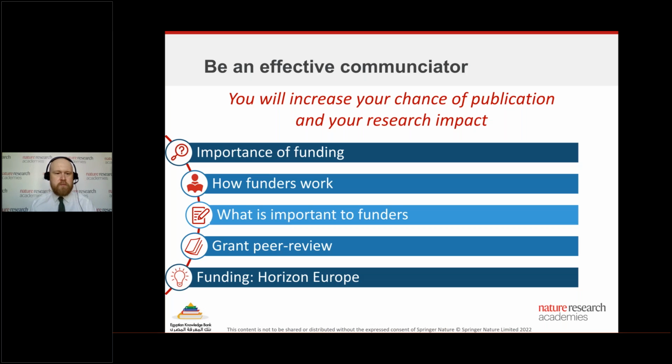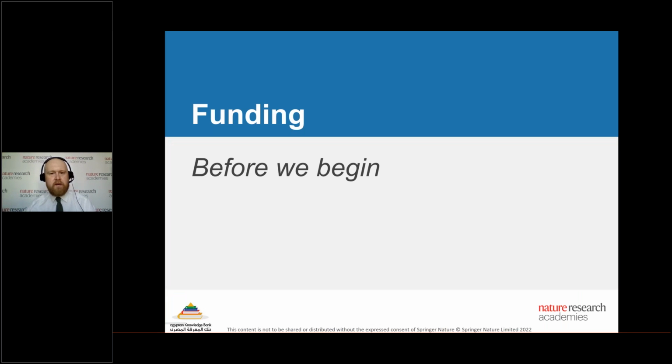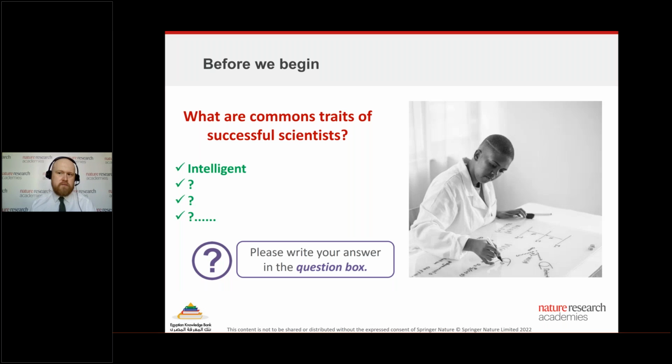Okay, wonderful. Before we begin, let's have a think about the importance of funding within research. Try and imagine in your head a successful scientist. Maybe try and think of the most successful scientists you know.